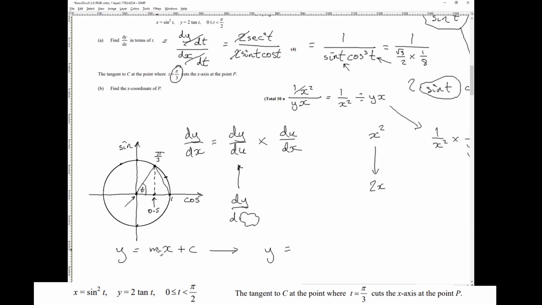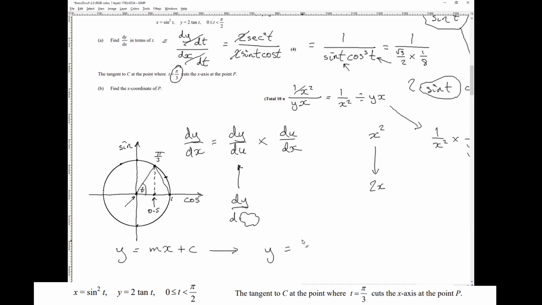So this is going to be our gradient at the point t. That's the gradient of the curve at the point t. It'll also be the gradient of the tangent at the point P, isn't it? No, sorry. The point on the curve where t is pi over 3 doesn't have a name. We shouldn't call it pi over t.